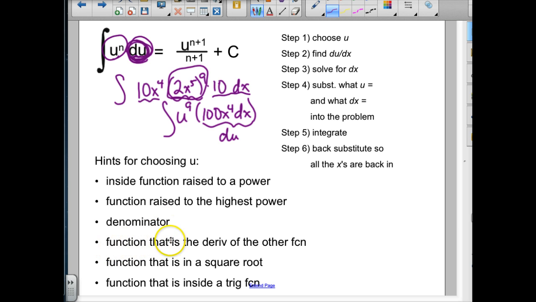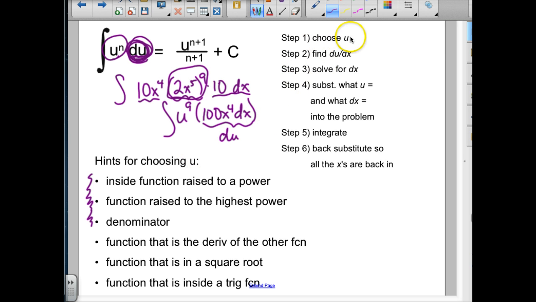We could also choose a function that's a derivative of the other function. So in the situation where you have a product, you would want to choose one function that's the derivative of the other function as u. Choose the function that is inside the square root, or choose the function that is inside of a trig function. Those are some hints for choosing u. Most often, we're going to use these three here.